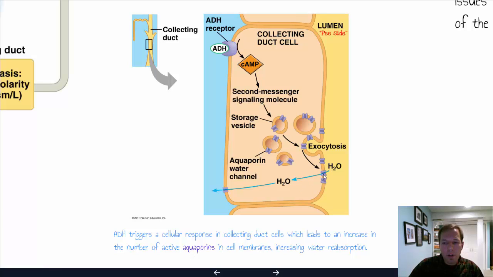So aquaporins are going to be the channel proteins present on both sides of the cells that make up those tubules. So as ADH is received within those cells, it's going to increase the number of activated aquaporins. The more aquaporins there are, the more water molecules will be able to move from the interior of the tubule out.